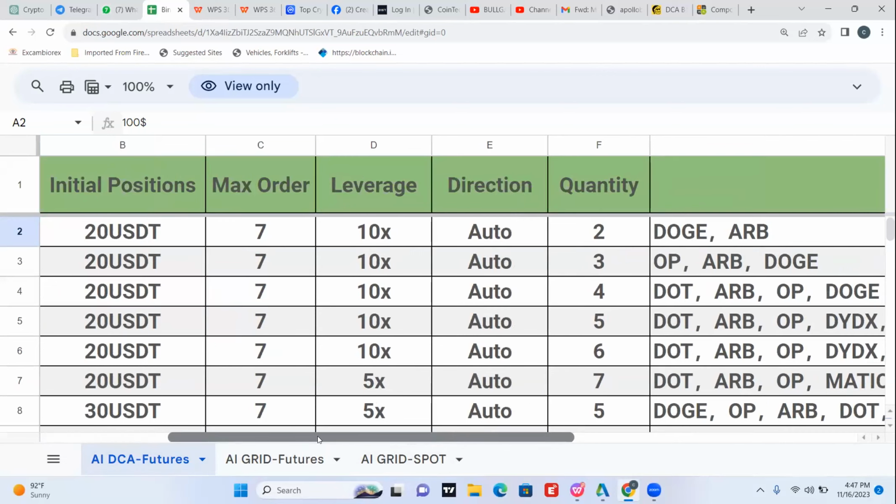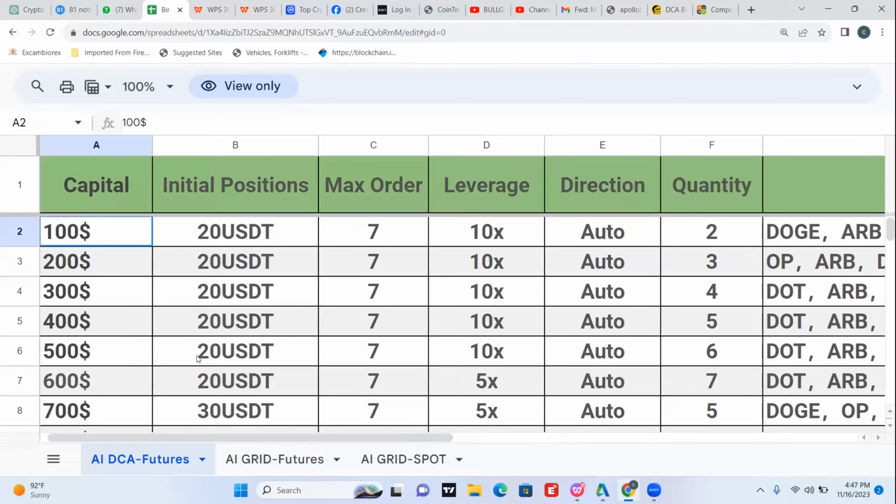So you see DOGE and ARB, because I understand that the initial trading position, the minimum order for Ethereum, is quite high. So you're going to be experiencing some initial low capital. So you will not see Ethereum in that $20 space anymore. So you can trade according to this table and it's going to be fine.